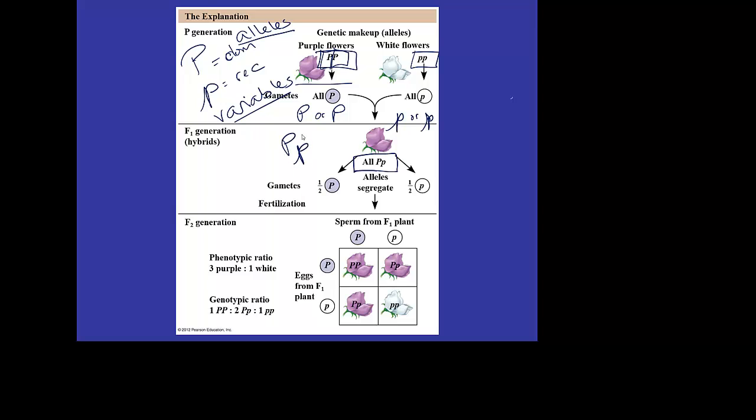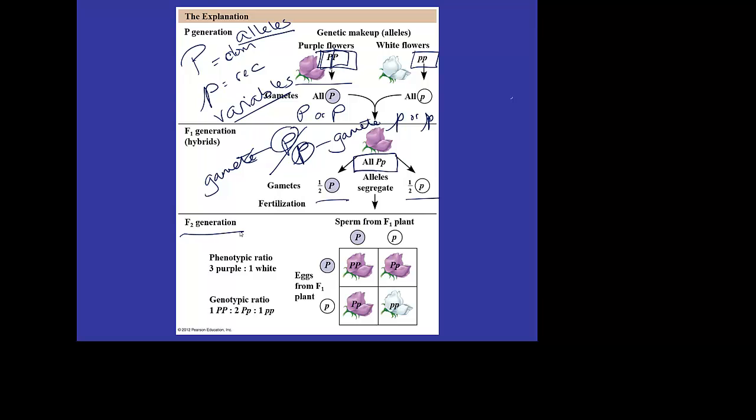That means that if those alleles separate, those chromosomes separate in meiosis, one is going to go to one gamete, one is going to go to another gamete, and depending on the gamete that is inherited, that will determine what characteristic the next generation, the F2 generation, is going to have.